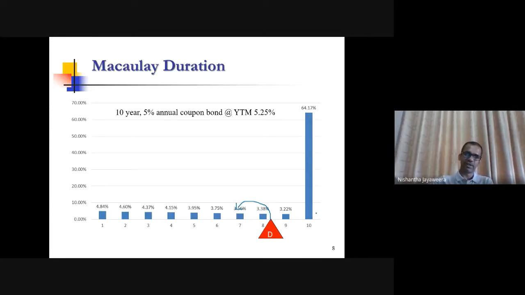So the weight moves further to the right. So therefore, in that instance, the balancing point would move to the right. So that is the concept or the idea that we should get.